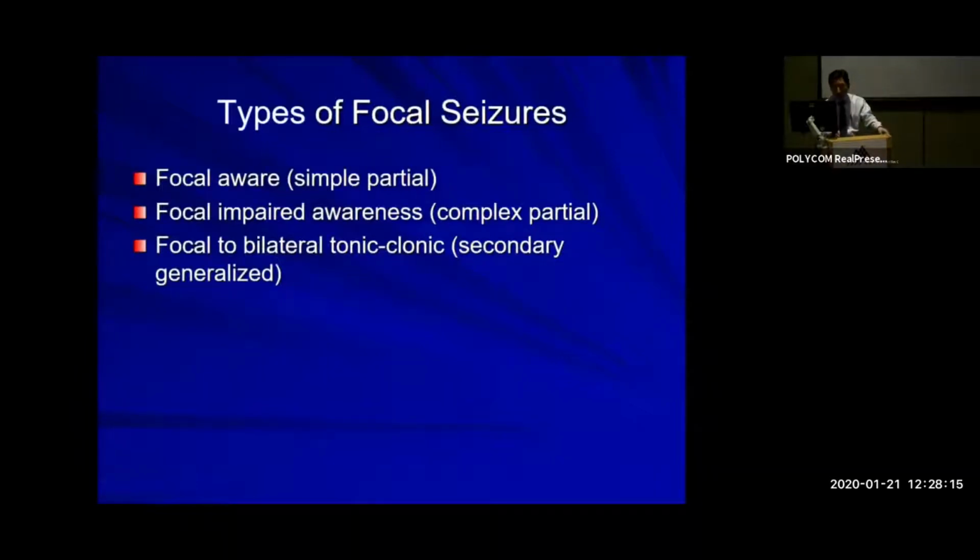There are really two, maybe three types of focal seizures. So you've got the focal aware, which used to be called simple partial. You've got focal impaired awareness, which used to be called complex partial. And then you have focal to bilateral tonic-clonic, which used to be called secondarily generalized tonic-clonic. So let's go through these different subtypes in a little bit more detail.